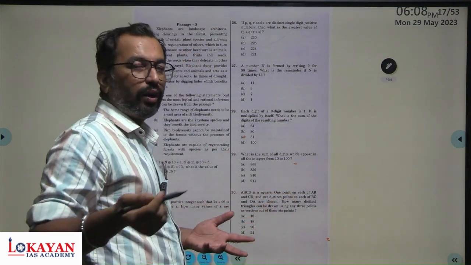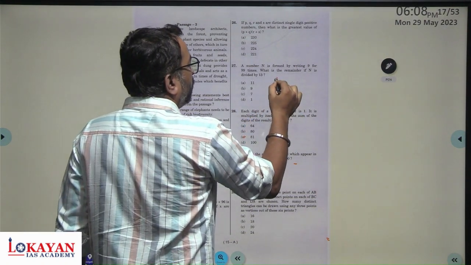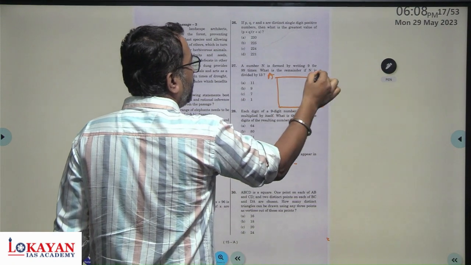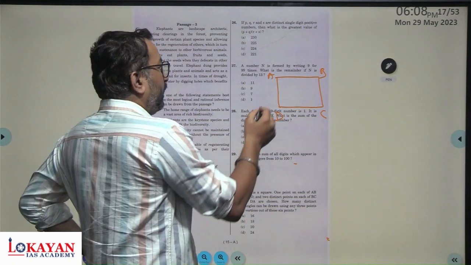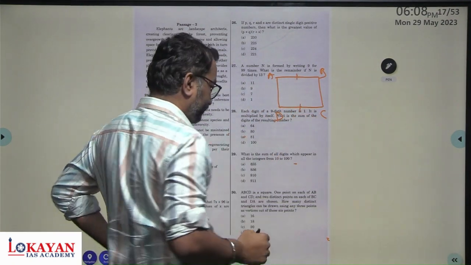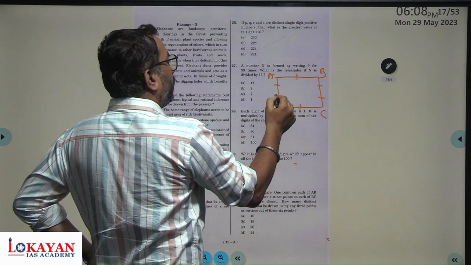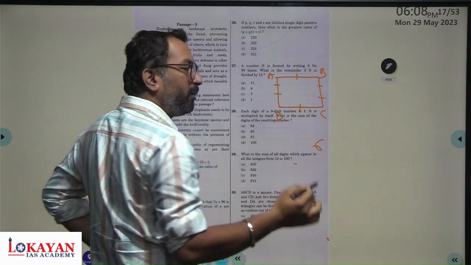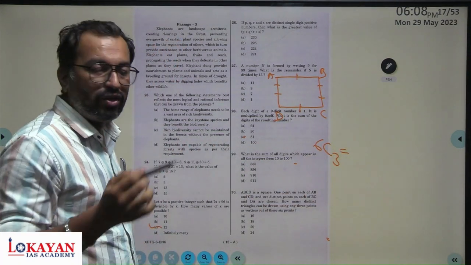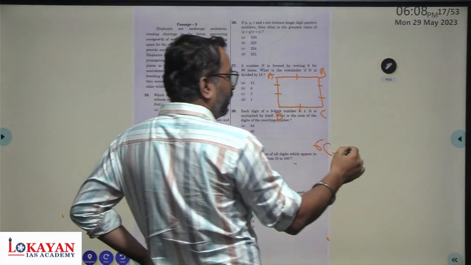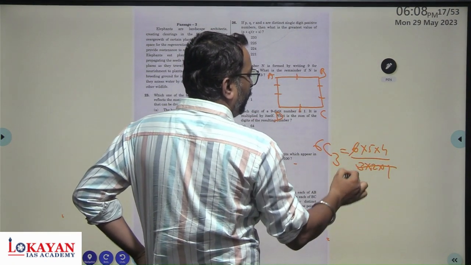Now there is no need to write anything. This is a question of the permutation and combination chapter. What have they said? ABCD. See, there is 1 point on AB, 1 point on CD, and 2 points on BC and 2 points on AD. How many points are there? 6. Out of these, to form a triangle we need only 3 points. So 6C3, we need only 3 points out of 6. So how many such triangles can there be? 6 into 5 into 4 divided by 3 into 2 into 1. 5 into 4 is 20.